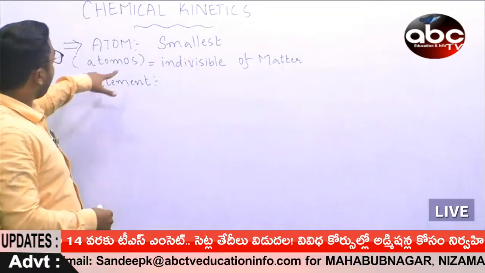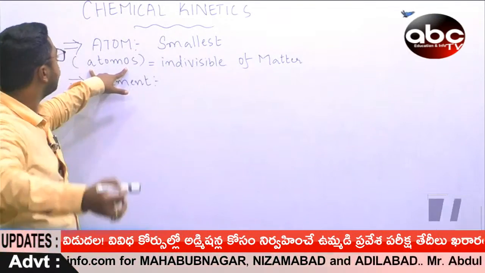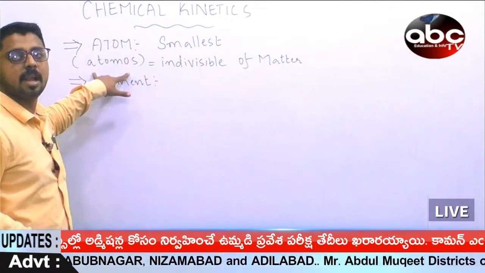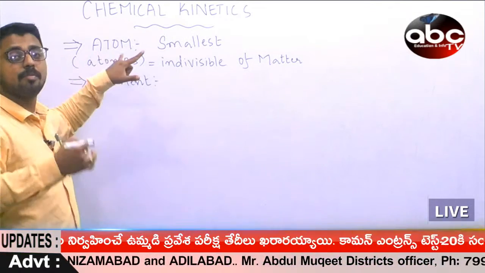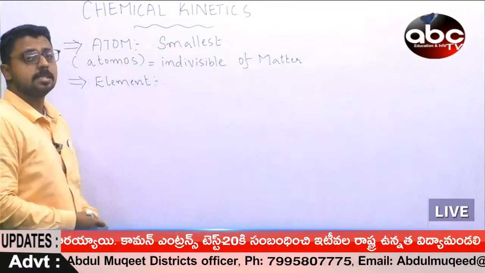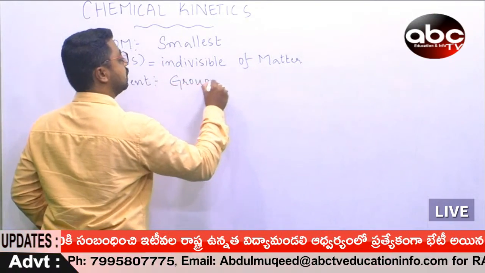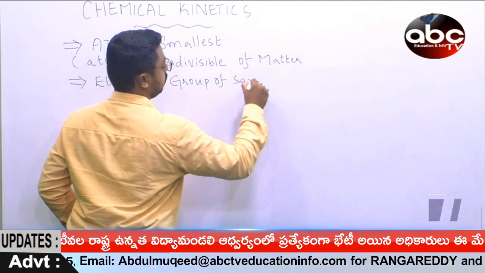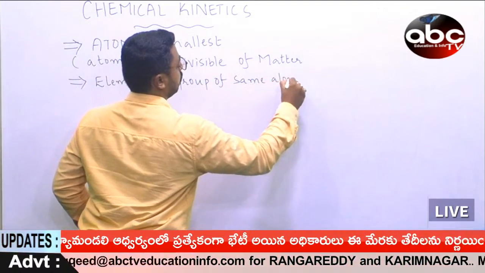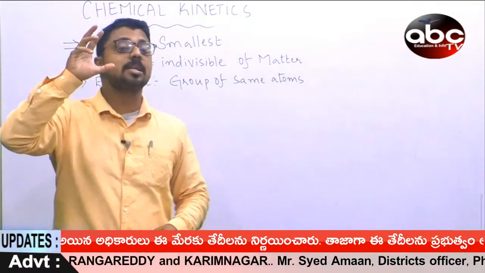Later on this was modified as atom. So an element is nothing but a group of same atoms with some characteristic properties.